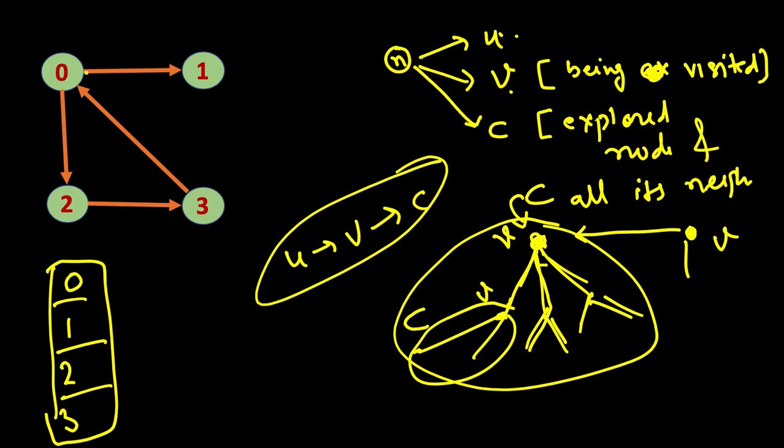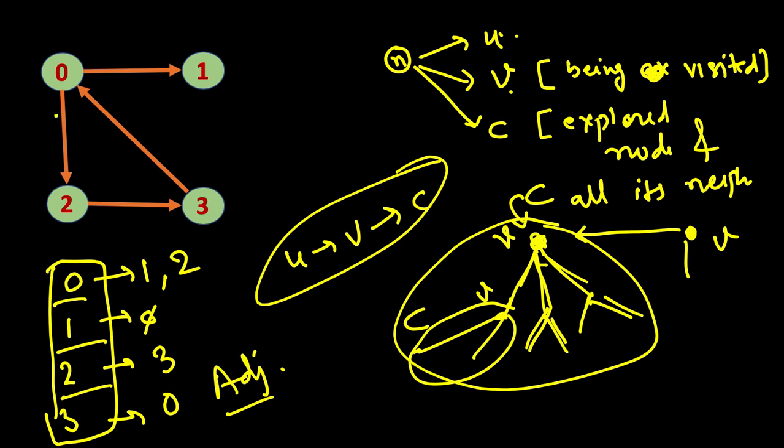So what are the nodes adjacent to 0? It's 1 and 2, so here we will store 1 and 2. Next, there is no outgoing edge from 1, so it will be empty. For 2, it's 3. For 3, it's 0. So this will be the adjacency list representation of this graph, and it's very useful for representing any graph.